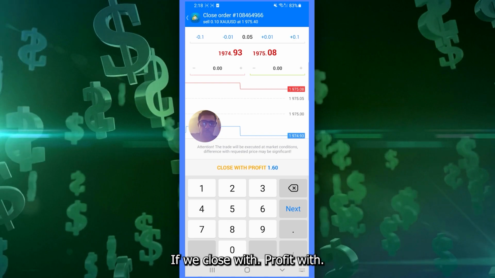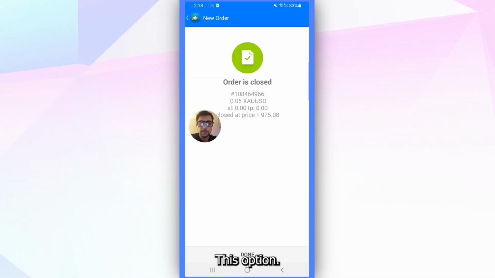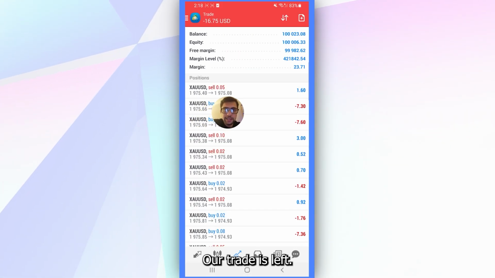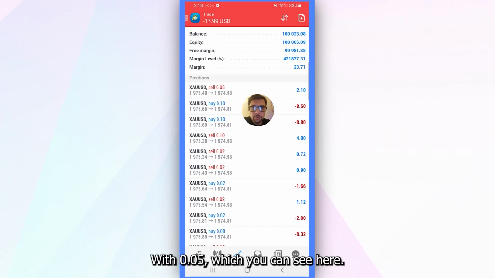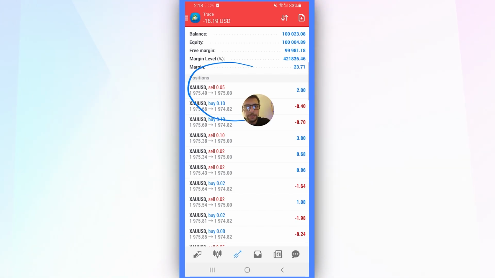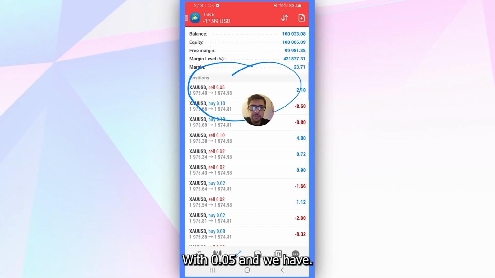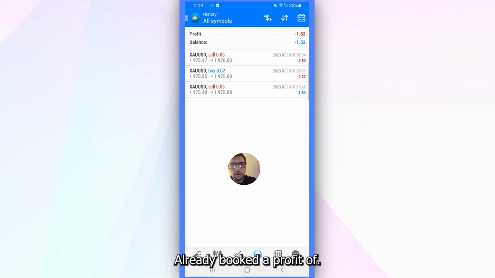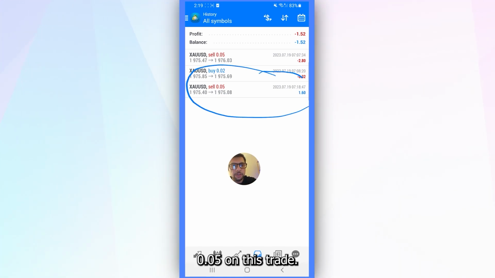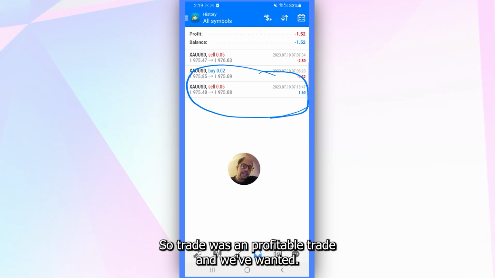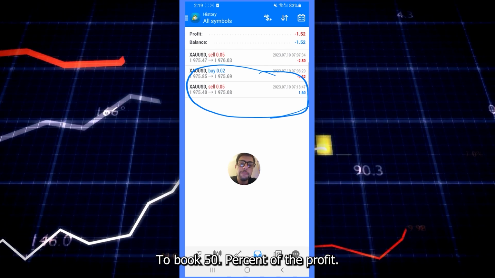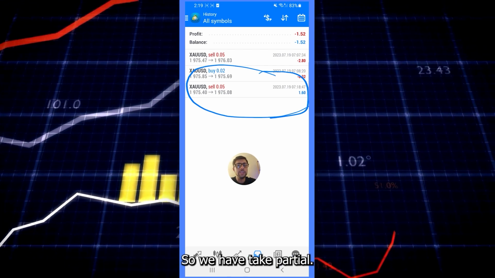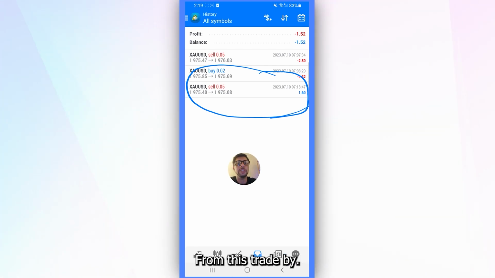If we close with profit with this option, now our trade is left with 0.05, which you can see here, and we have already booked a profit on 0.05 of this trade. So our trade was profitable and we wanted to book 50% of the profit. So we have taken partials from this trade by changing the lot size.